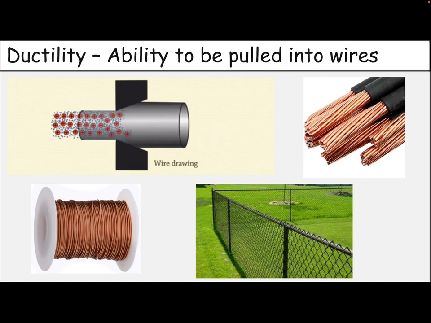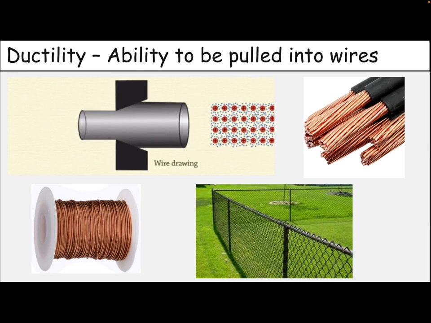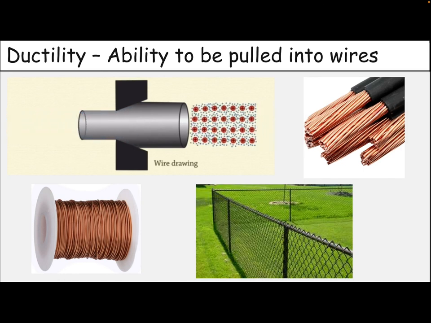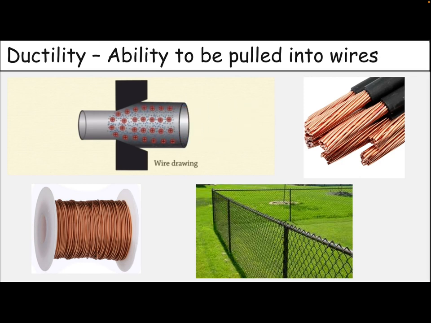You can also see on the bottom right-hand side your traditional American backyard fence, at least if it's not wooden. We're able to pull or stretch this metal into wires, and it's very convenient. We're able to use the ductility of metals for our convenience as a human civilization.